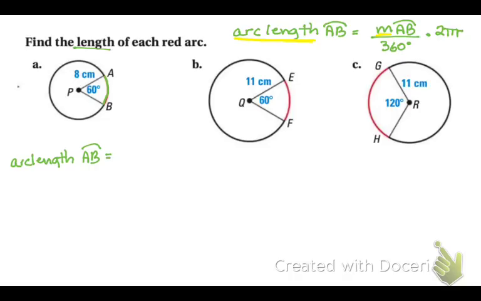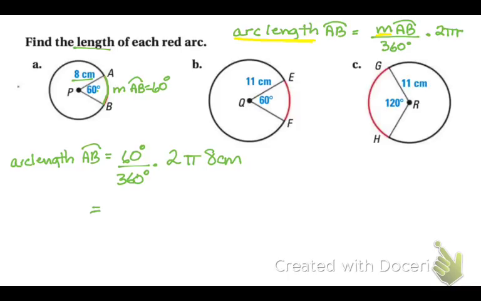The measure of arc AB is 60 degrees, that's given. So it's 60 degrees, the measure of AB, divided by 360 degrees, times 2 pi, and we're given our radius is 8 centimeters.